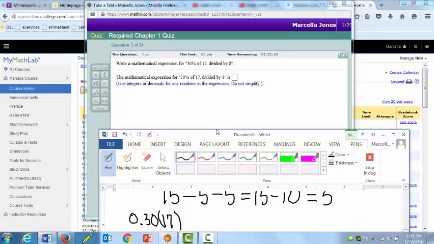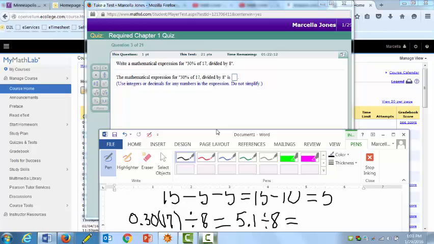And then the problem is telling me to divide that result by 8. So I used my calculator, and I did 0.30 times 17, which is 5.1. And I'm going to divide that by 8.